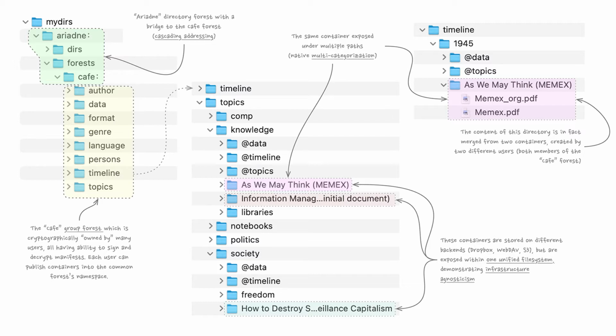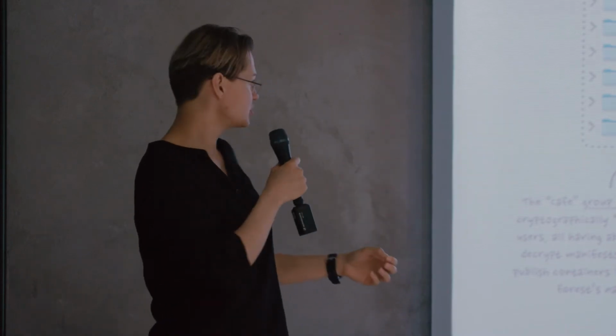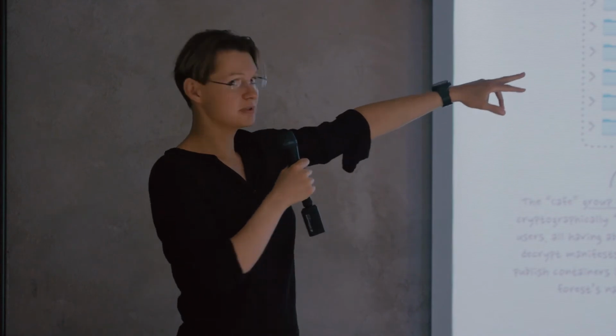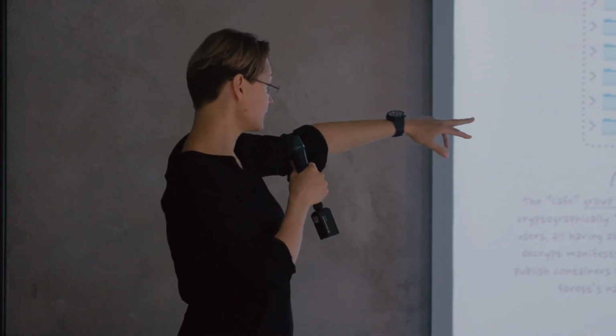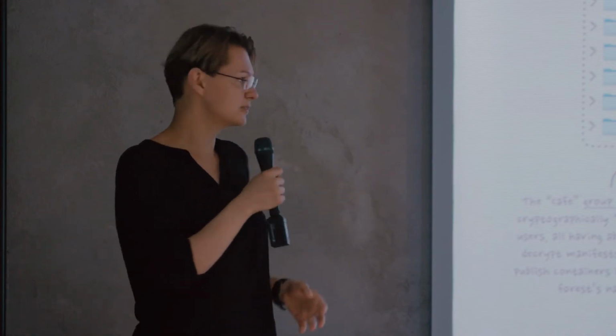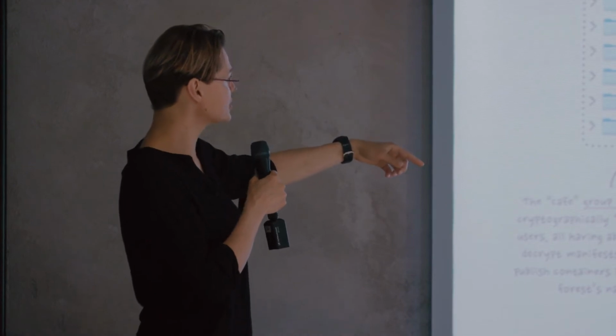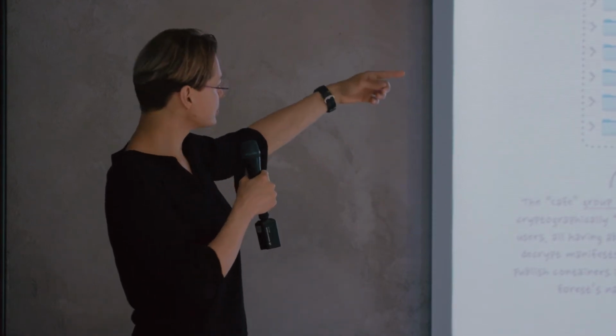And we have these 2 containers, and each of them is stored on different infrastructure. One of them is stored on my personal Dropbox, another is stored on perhaps an S3 bucket.